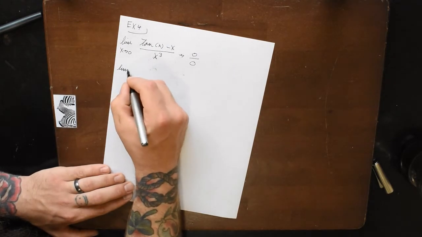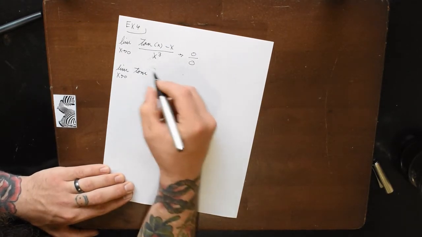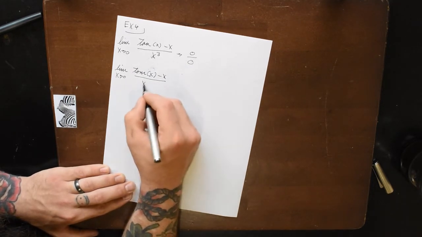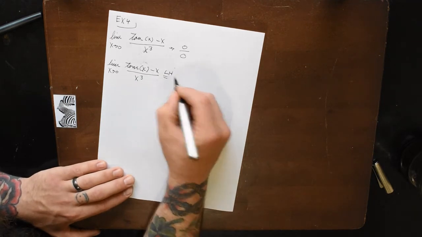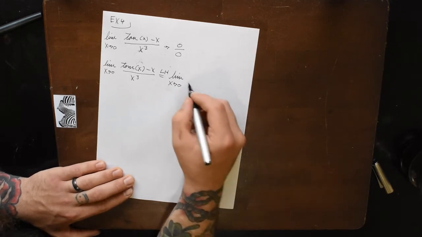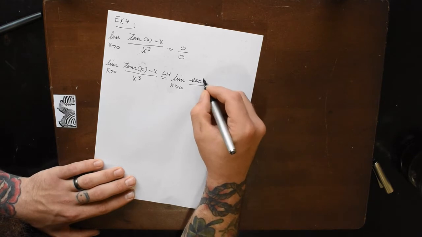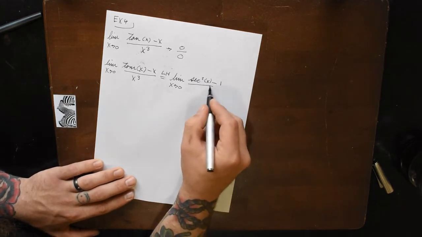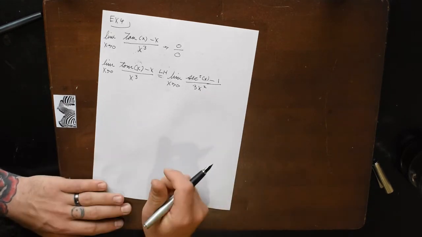We know that the limit as x approaches 0 of the tangent of x minus x all over x cubed is equal to, by L'Hopital's rule, the limit as x goes off to 0 of the derivative of tangent is a secant squared, and the derivative of x is 1 all over 3x squared.